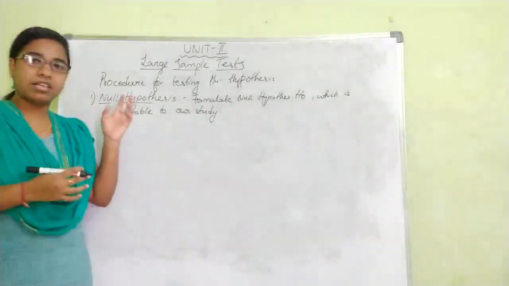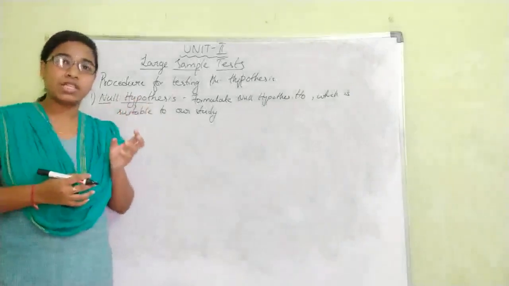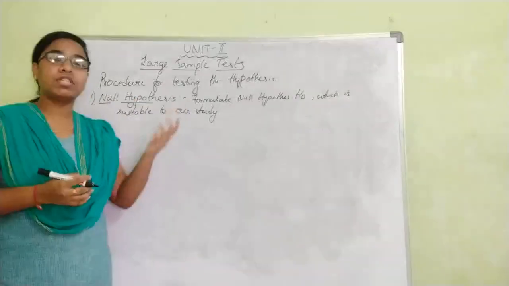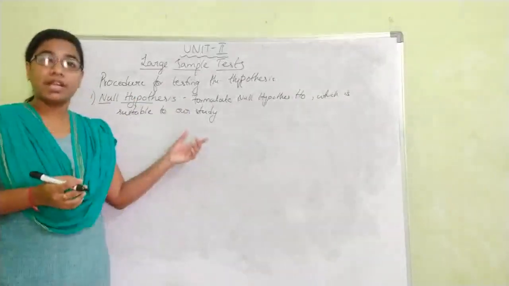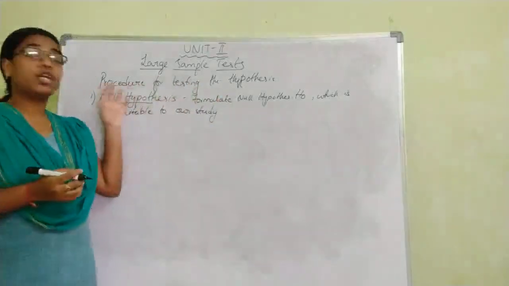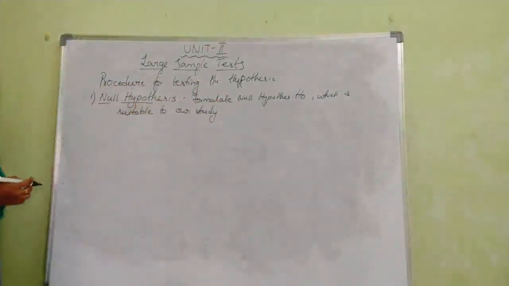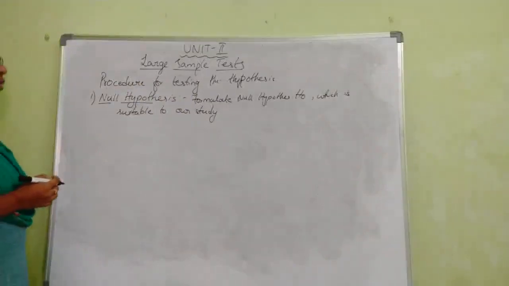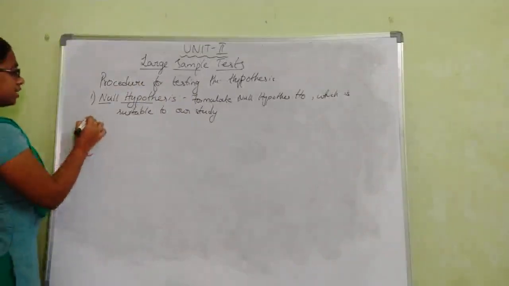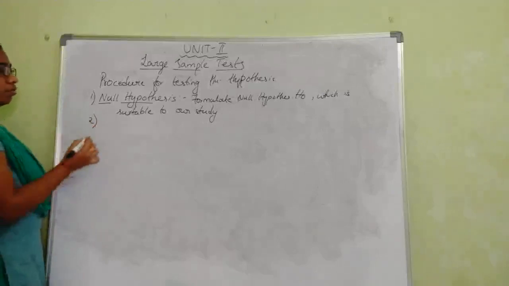If we are studying some students, we cannot write the hypothesis about parents, right? So it should be related to our study only. So formulate the null hypothesis H naught which is suitable to the problem under study.